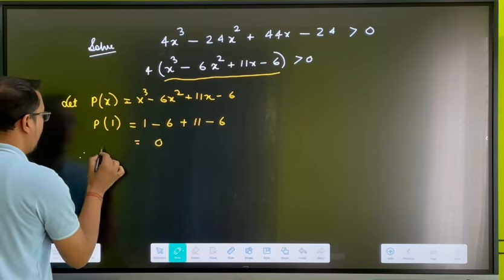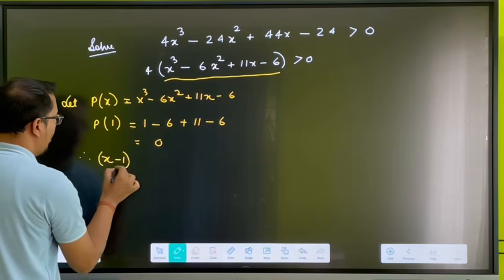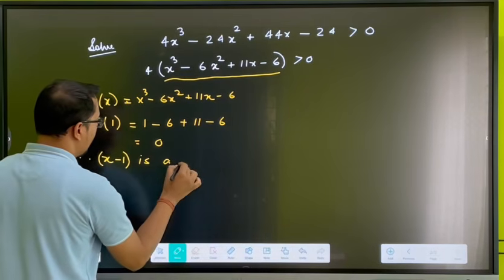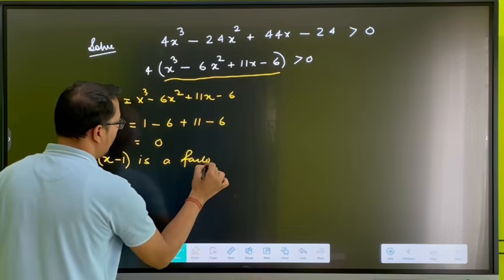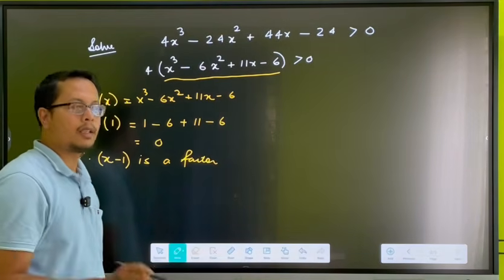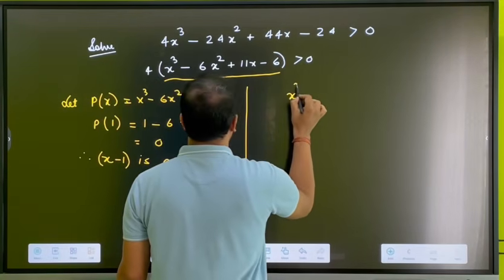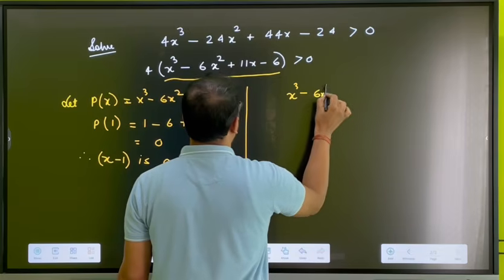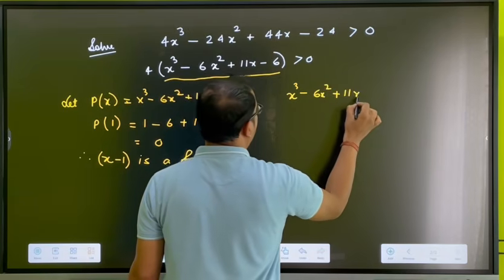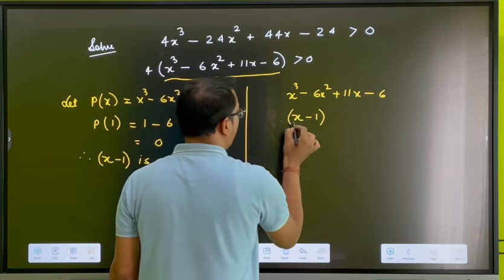Therefore, we can say that if p(1) is 0, then x minus 1 is a factor. So here we have confirmed that x minus 1 is a factor, right?